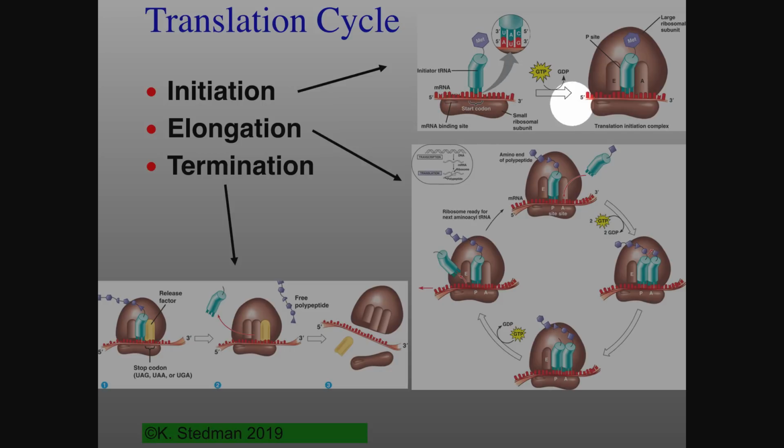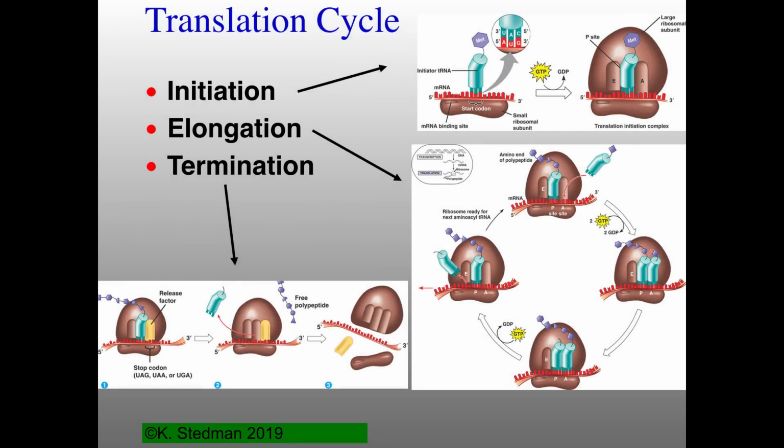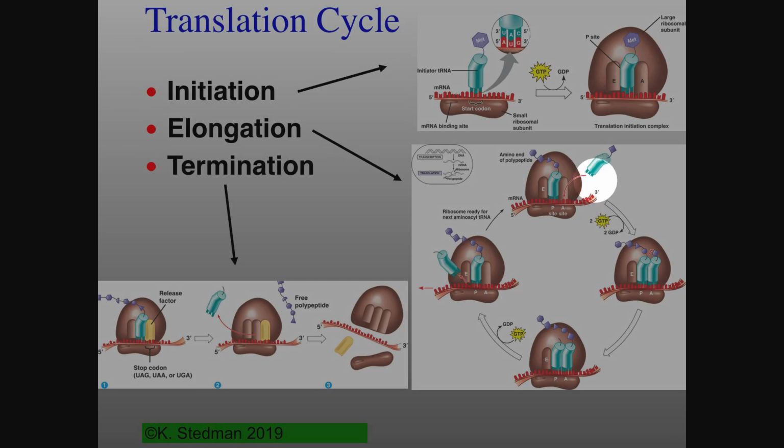Once these have associated, then the large subunit of the ribosome can associate. The reason this only has to happen after this is that there's no space in the middle of the ribosome between the large and small subunits to get that tRNA into the P site. So once those are together, you can have elongation, where a new tRNA comes into the A site.